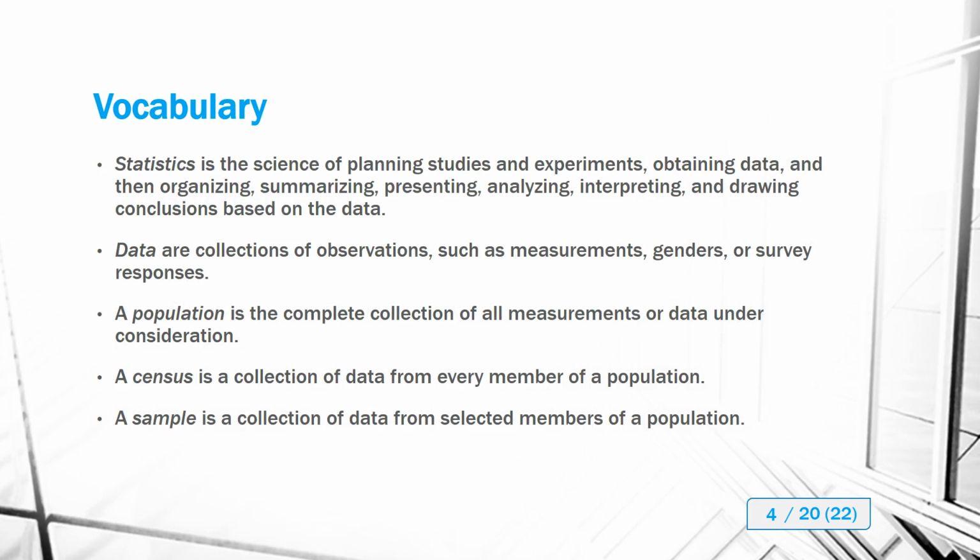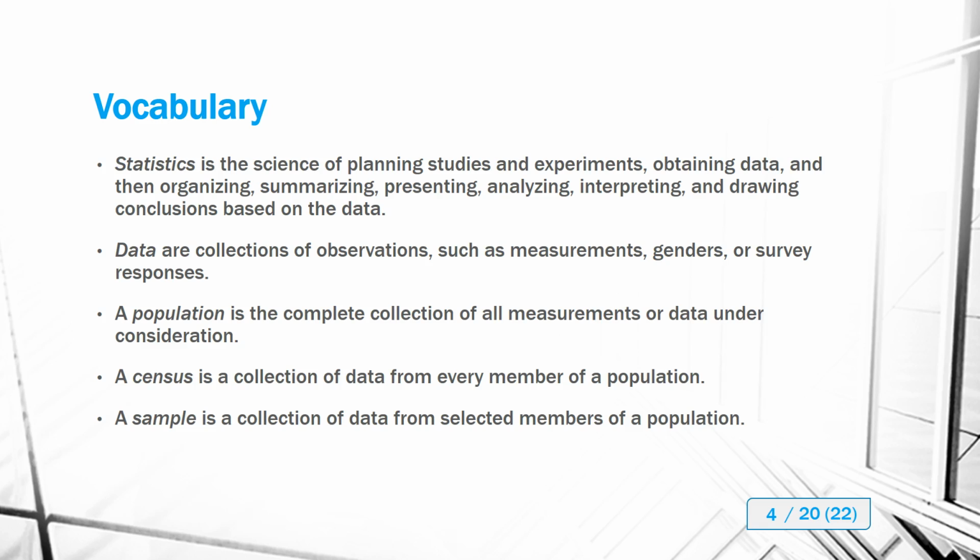There's some basic vocabulary that we need to understand in this beginning of statistics. And the first thing that we need to understand is what statistics is. Essentially, statistics is about collecting and analyzing data and then taking that analysis and interpreting it to make conclusions about the data set.